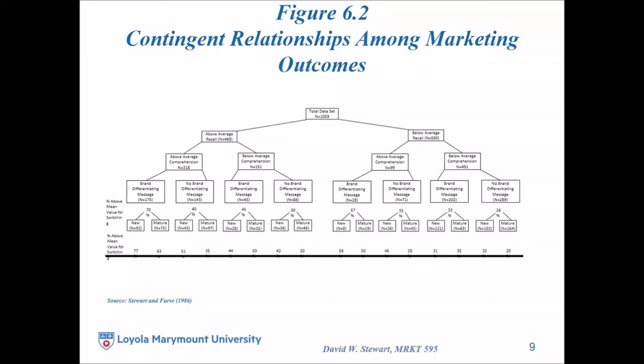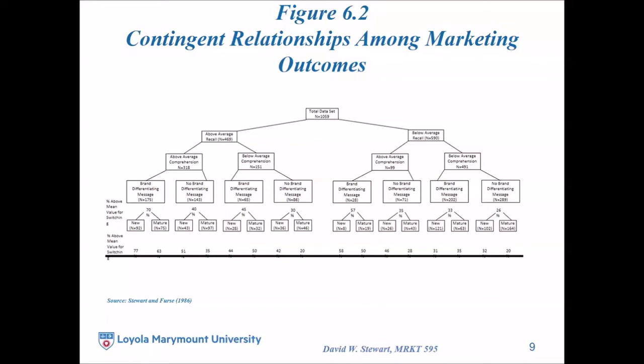What you'll see is that if we have an ad that gets above average recall, above average comprehension, has a brand differentiating message, and is new, about 77% of people who see the ad actually switch to the advertised product. Now, let's look at the other end.